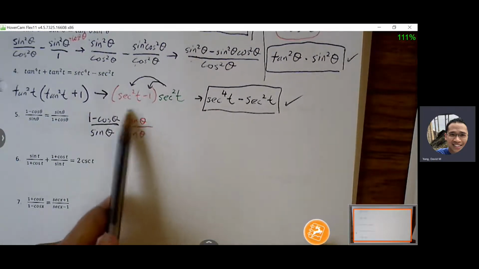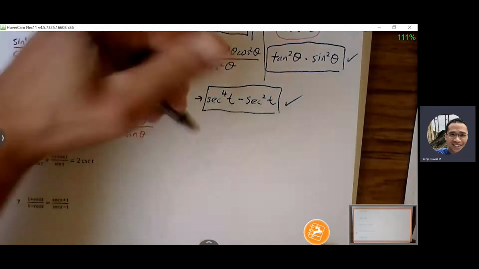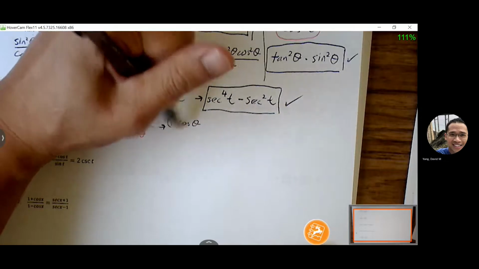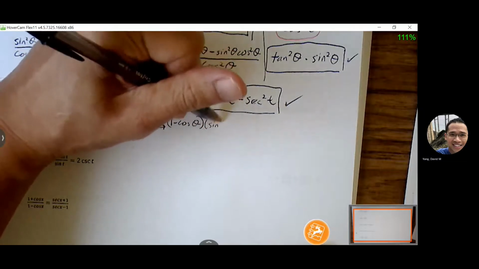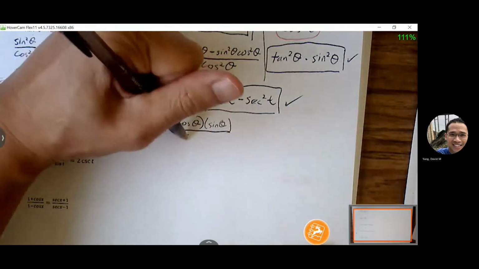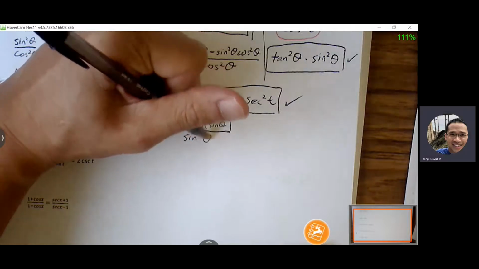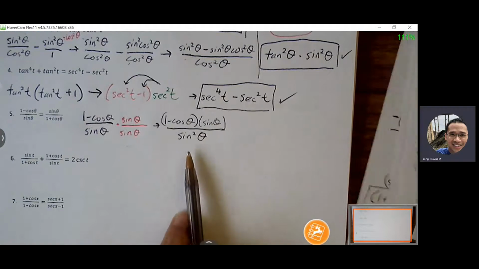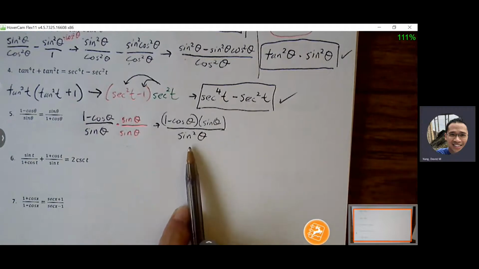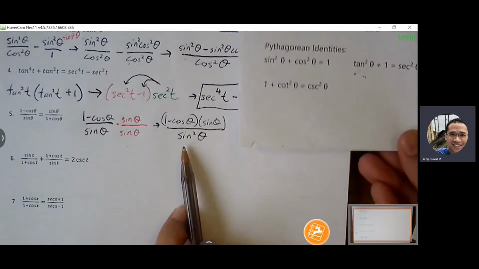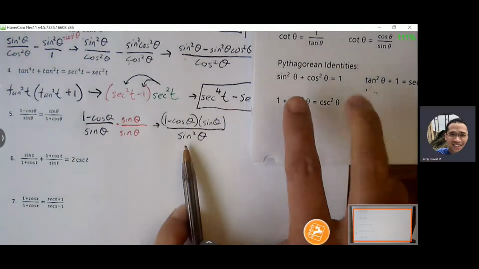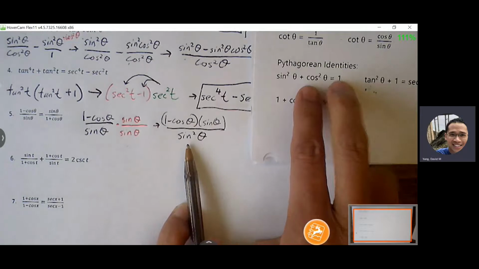But if I do that, I need to make sure I balance the numerator as well. Okay, we can play with that sine squared. That sine squared can be replaced with 1 minus cosine squared.